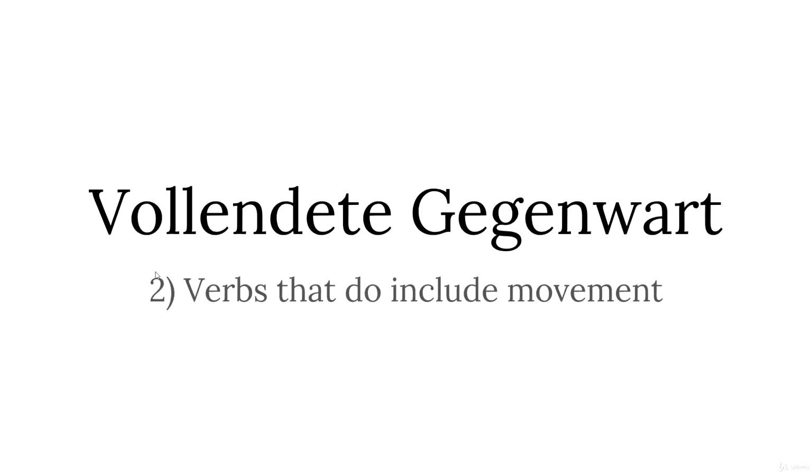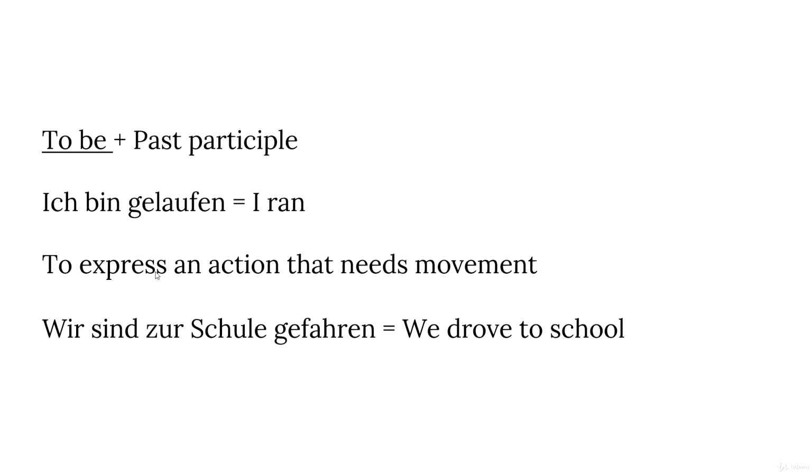That was only the first half of this lesson. There are other verbs that do include movement. Those are a bit different, but not very much. The only difference is that instead of haben, you use the verb sein, or the verb to be.